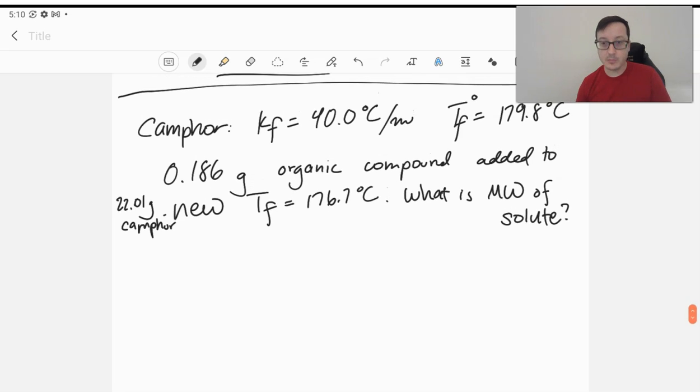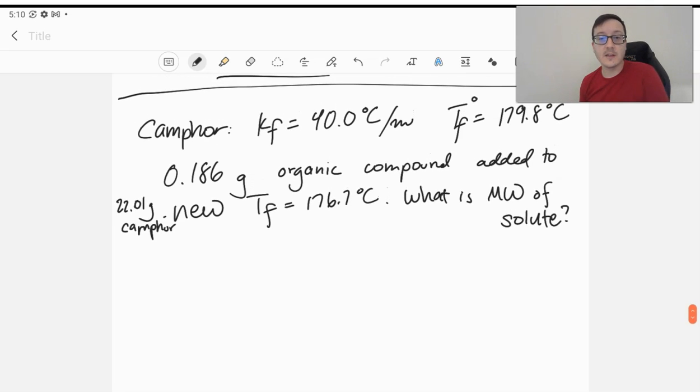All right, let's do some practice problems using the ideas of colligative properties to see if we can find the molar mass of certain components. One particularly useful way of using freezing point depression is to use an organic compound called camphor. It's very smelly.